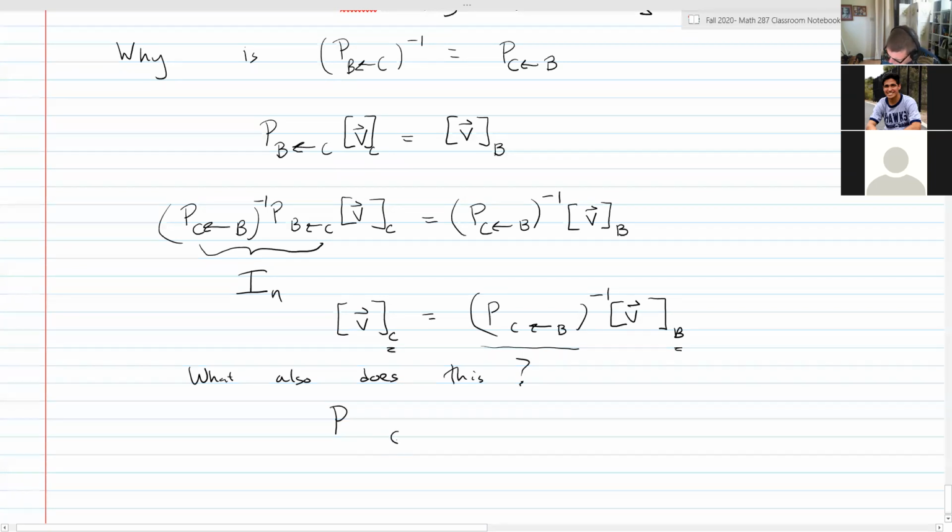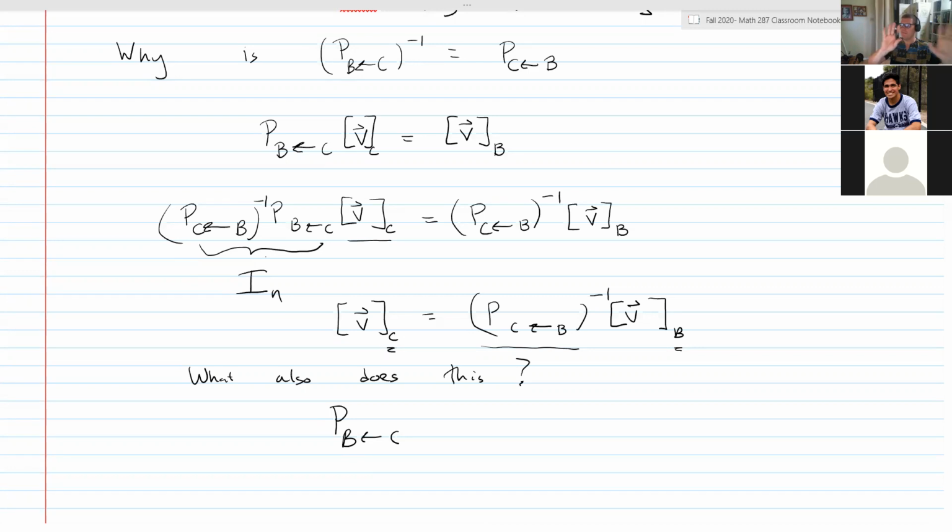Right? The other thing that does this is P, C into B. That's the other thing that does it. So just from the standpoint of doing some algebra, it makes sense that in order to get VC all by itself, you'll take the inverse of P, C into B. Because that's what we've been doing to solve for vectors, say, VB.